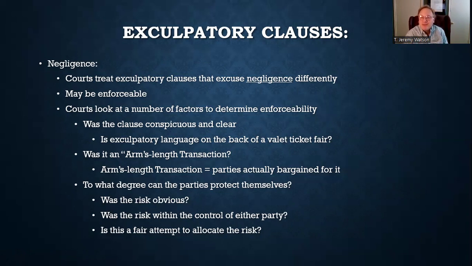Is this a fair attempt to allocate that risk? Or is this just an unfair attempt for somebody with more bargaining power to get out of responsibility, right? So these are all things that courts are going to look at when judging whether or not exculpatory clauses are enforceable. Again, if it's for reckless or intentional conduct, the court's probably not going to enforce it. But if it's for negligent conduct, then the court is still going to look at it carefully to see whether or not it's enforceable.